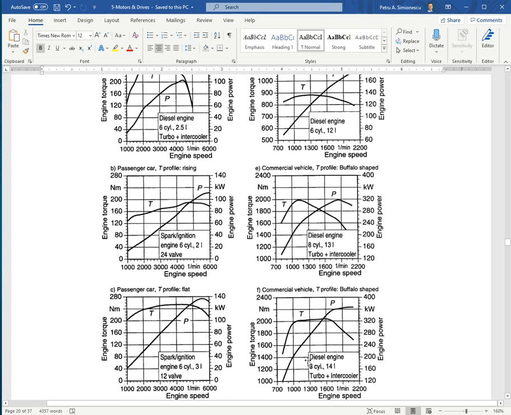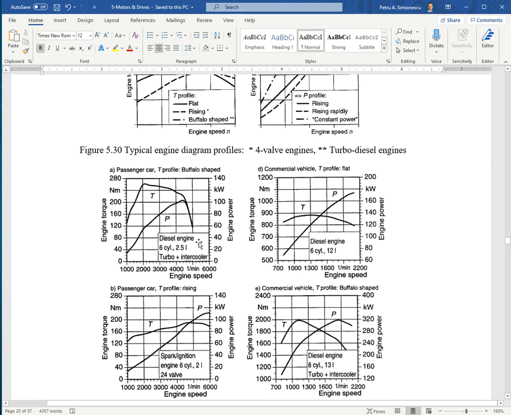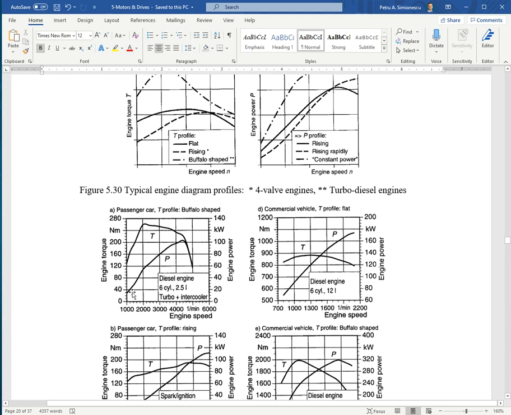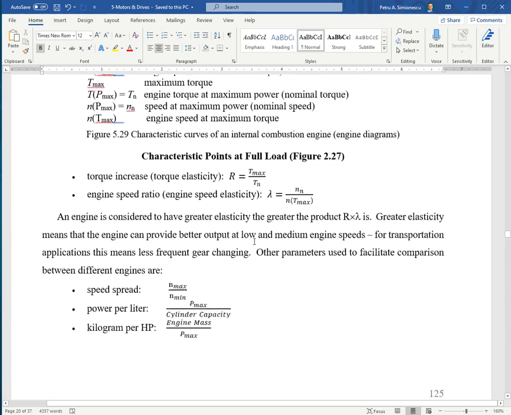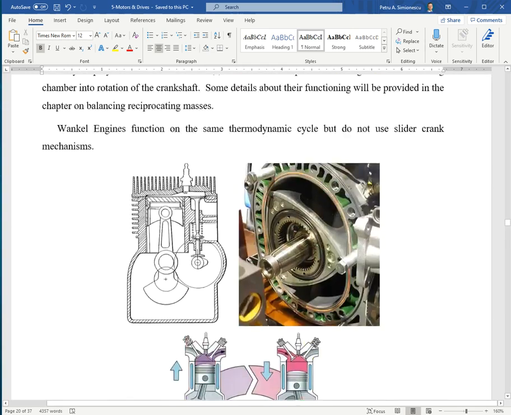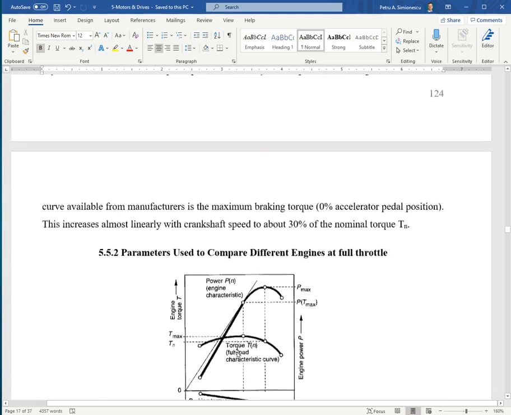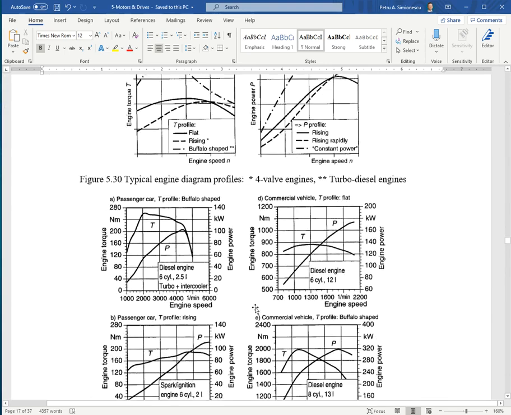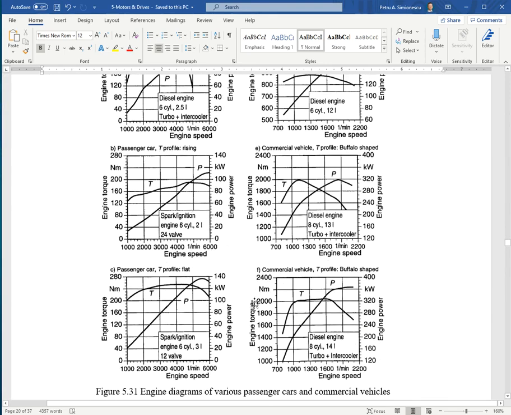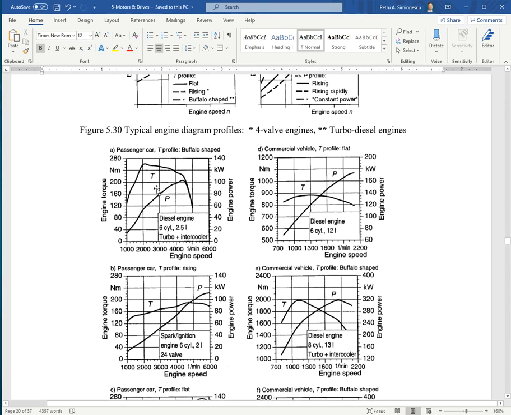Okay, so various shapes. I did an experiment once, and I took the torque curve and digitized it, and using the early equations, if you have the power or the torque, you can calculate power, and vice versa. So if you have torque at various speeds, you can calculate power at the same speeds using the early equations. And what I found is that you don't get the curves one from each other, and I was wondering why.